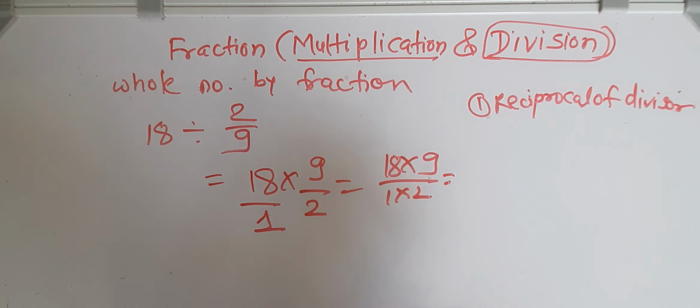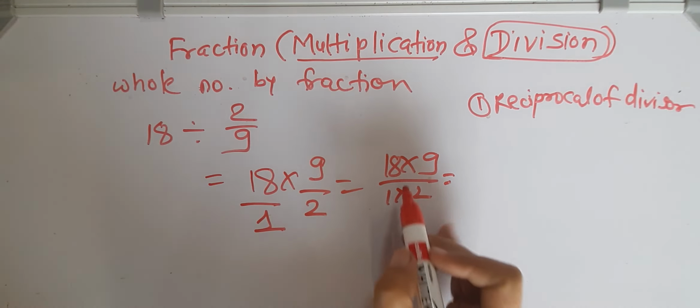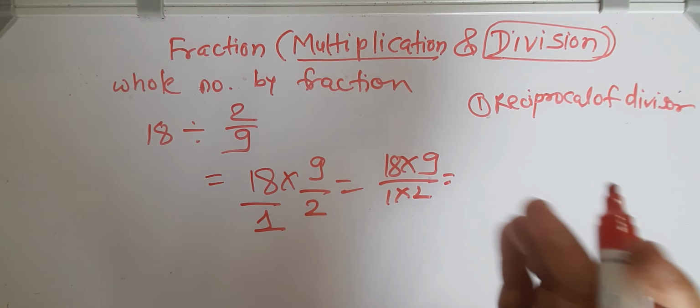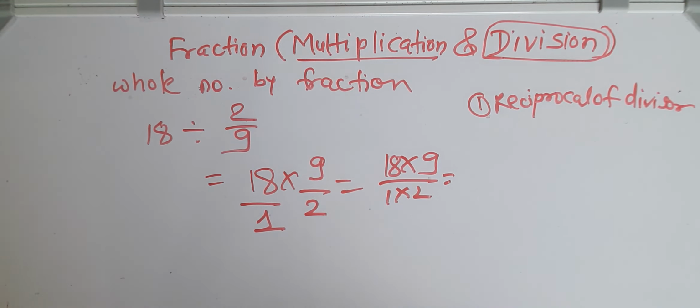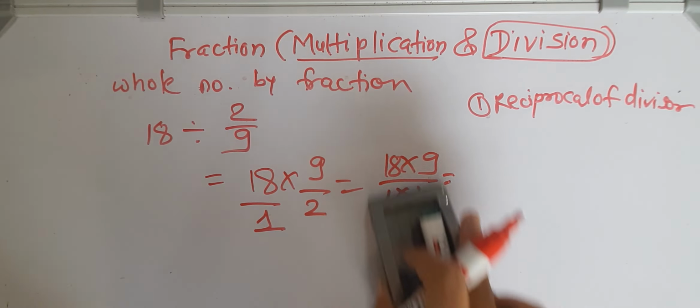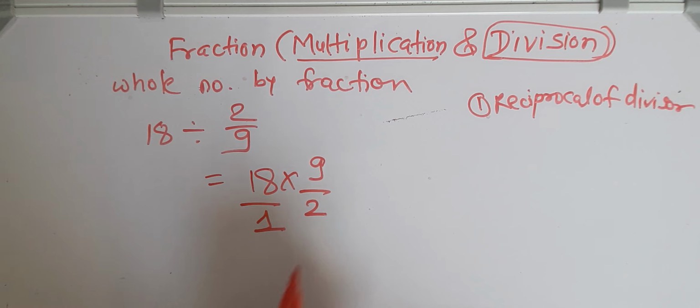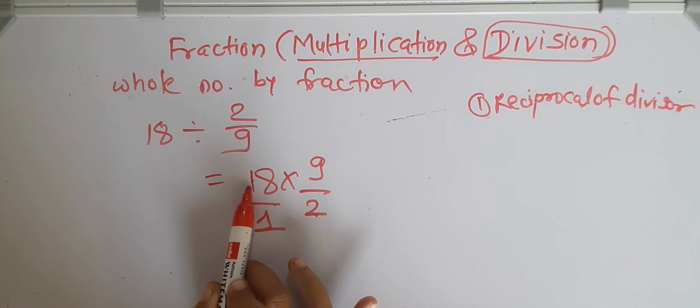Now, we just need to multiply 18 by 9. That is one way you can do it. Or to make it simpler, so as not to increase the multiplication values like finding 18 into 9, what we can do here is always divide the numerator with the denominator. Here is 18, and here I can see it is 2. I know 2 9s are 18.